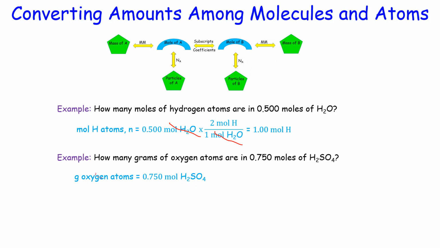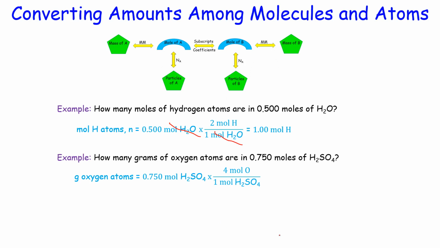Because we are going to find out the grams of oxygen atoms, first we need to convert from the moles of sulfuric acid to the moles of oxygen atoms. So 1 to 4, and the 4 is a subscript for oxygen atoms.